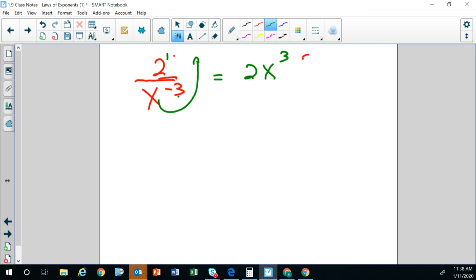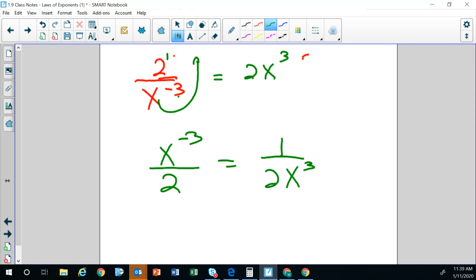All right. So let's look at this one. Another example. What if the x to the negative third was on the top? And say I'm going to put the 2 at the bottom. So I would move the x to the negative third to the bottom, and that would give me 1 over 2 times x to the third.